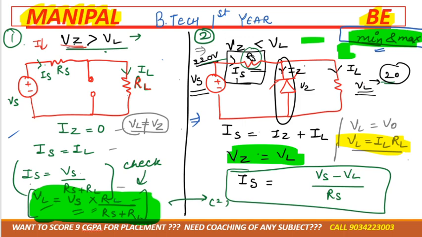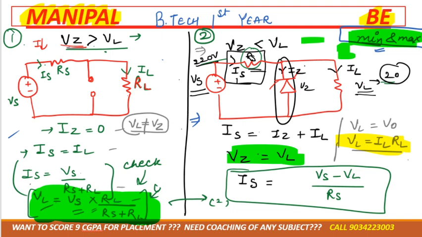I told you that if VZ is more, current is less. Current is less means the diode will behave as open. In this case IZ is 0. If Zener current IZ is 0, then the total current would be the load current. And how will we check whether VZ is greater than VL or VZ is less than VL? By using this formula, right?